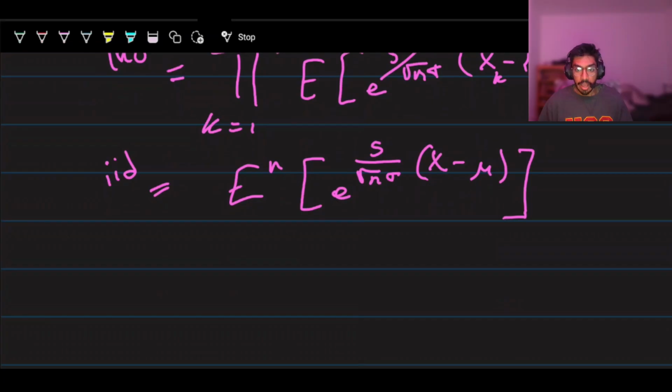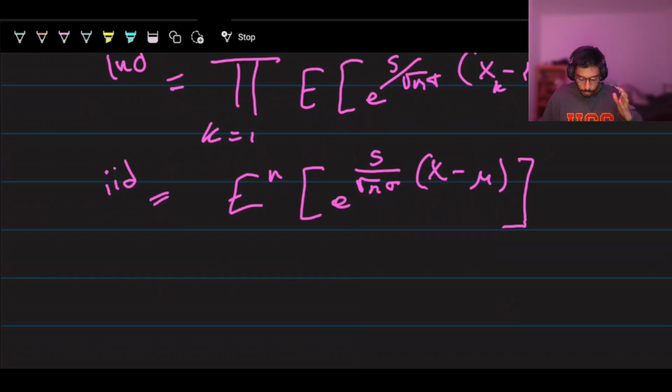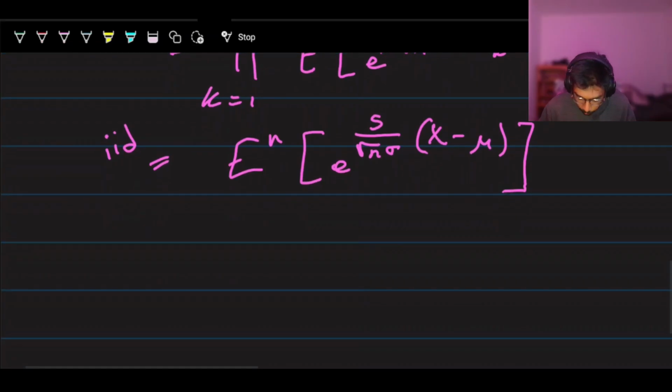So now we have a bit of a pickle. We have an exponential that might be pretty hard to compute, and then we take its expectation and raise it to the nth power. What we can note is that e to something has a Taylor expansion.